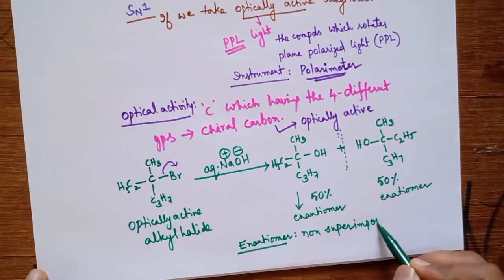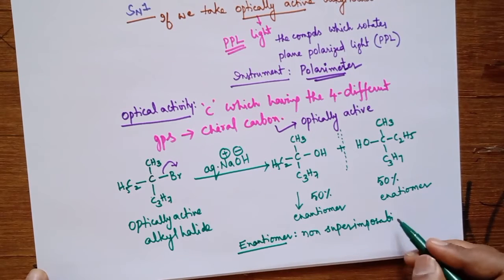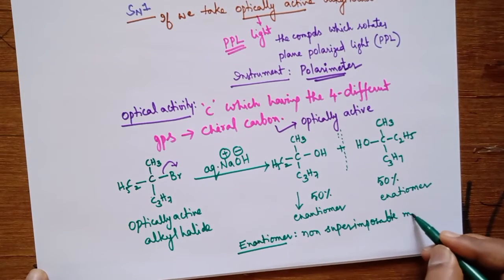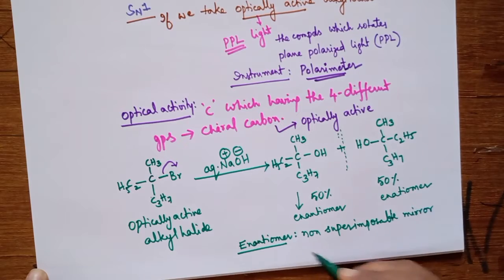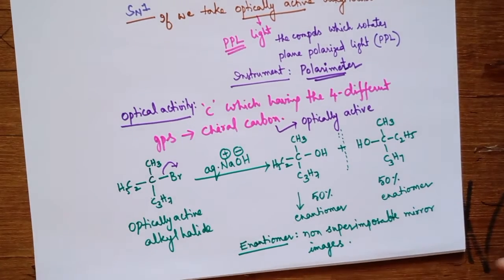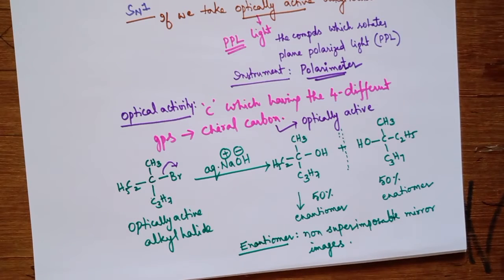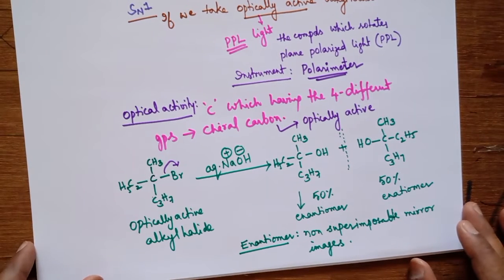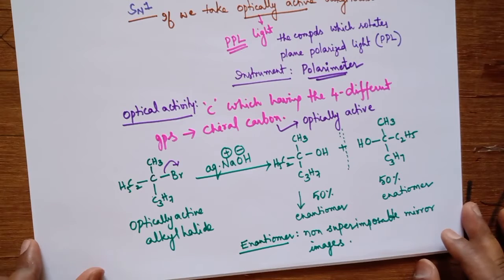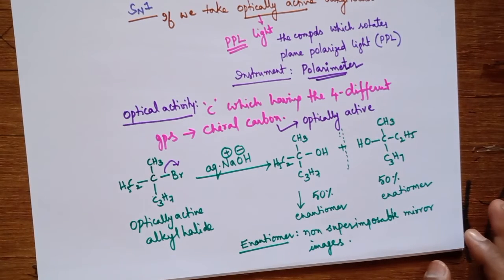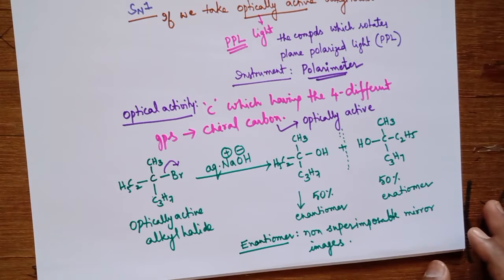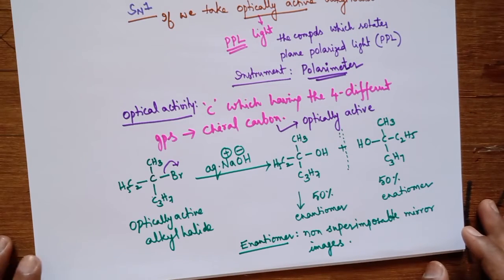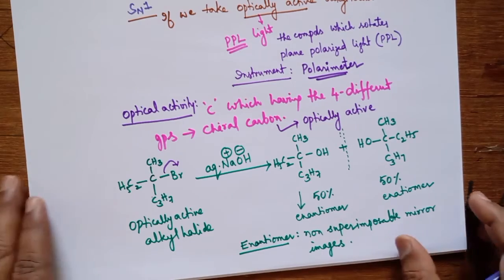Non-superimposable mirror images we generally call enantiomers. An equal percentage of enantiomers is called a racemic mixture. What is a racemic mixture? An equal percentage of enantiomeric mixture is called a racemic mixture.